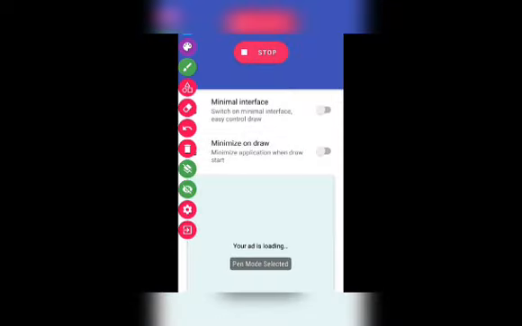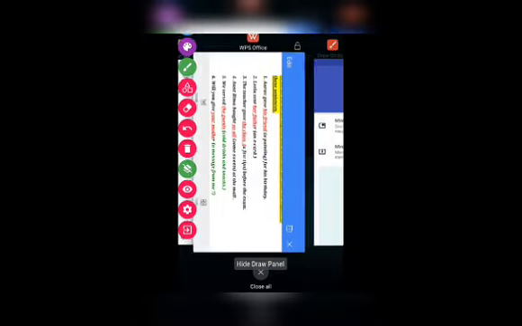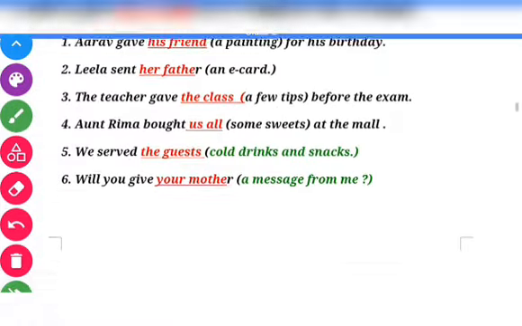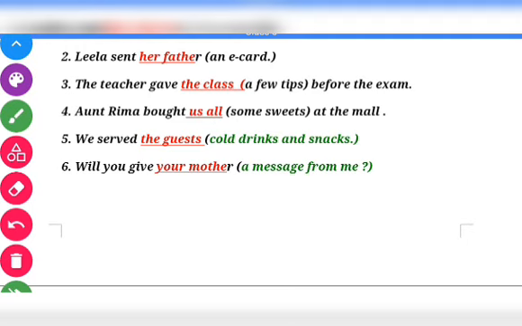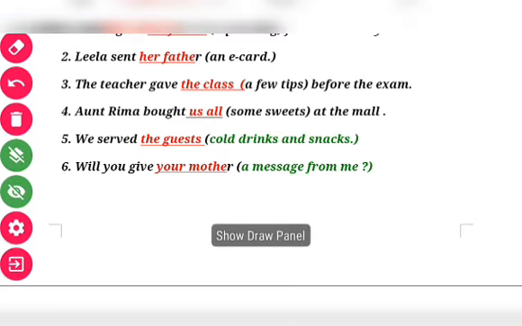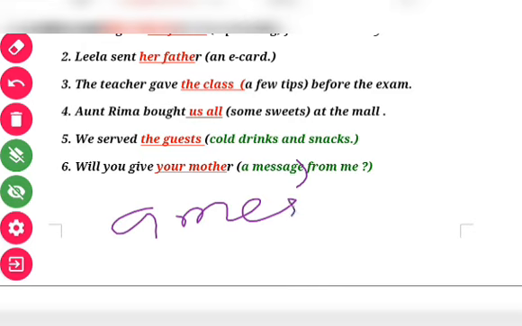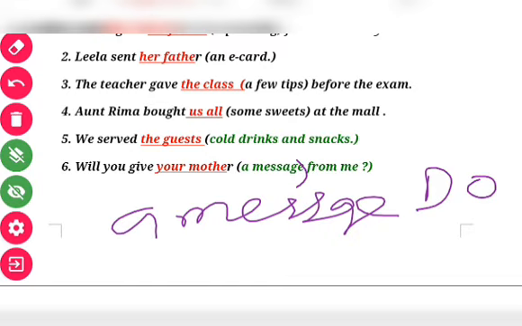Only till mother, students. Mother is the indirect object, and a message, only a message, will be the direct object. So that is your answer for this exercise.